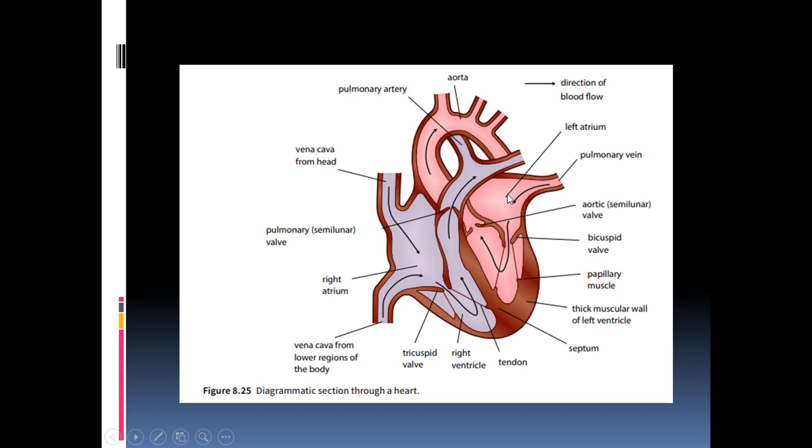When atrium contracts, blood will be pushed to the left ventricle through bicuspid valve, and whenever the left ventricle contracts, blood will be pushed out of the heart to the rest of the body through aorta. So this is basically the direction of blood flow inside the heart. I guess it's pretty easy for you, since you have learned this again and again, especially in IGCSE.